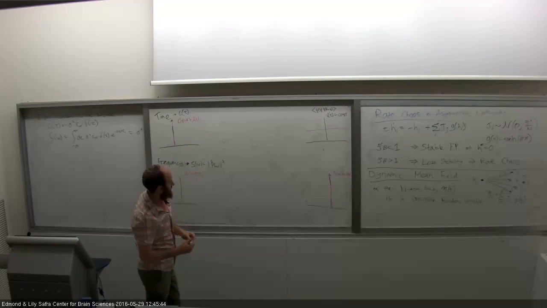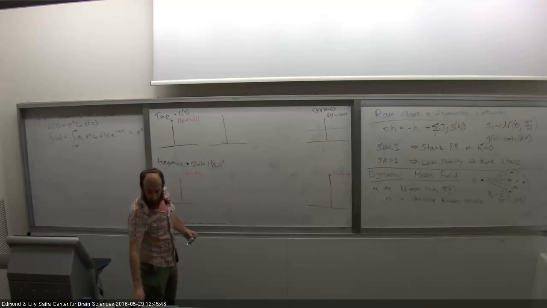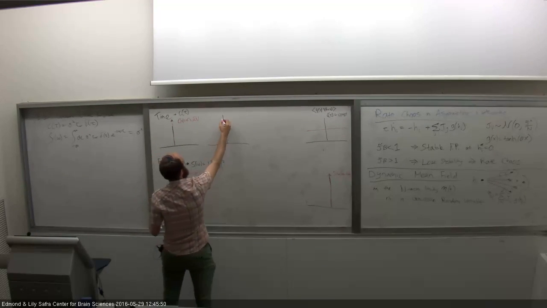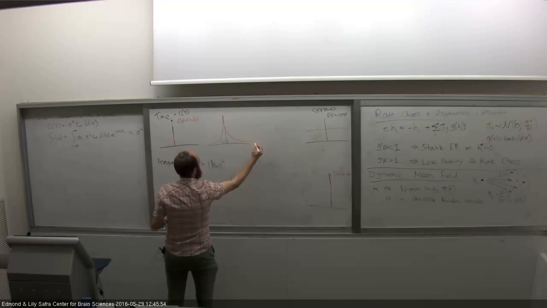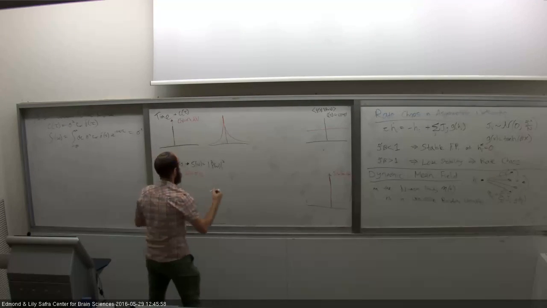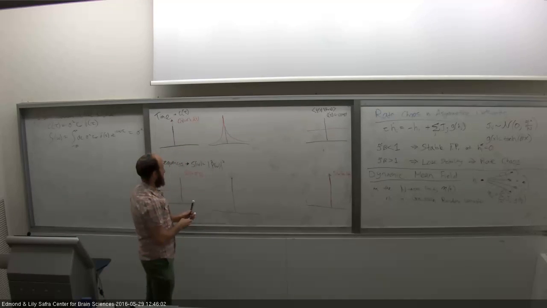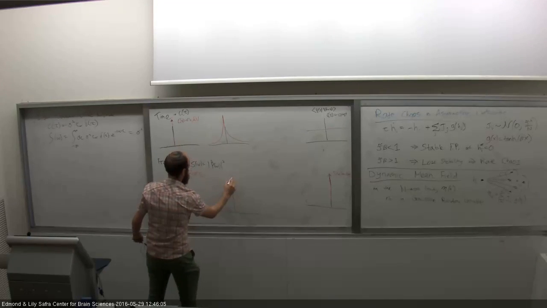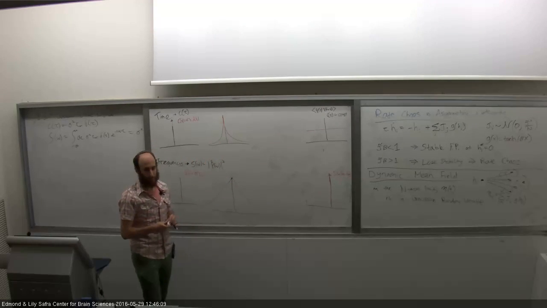And in between, let me just give you schematic drawings. We could have a narrow C of tau, relatively small temporal correlations. If we were to do the Fourier transform and look at the power spectrum, in that case we'll have a relatively broad power spectrum.